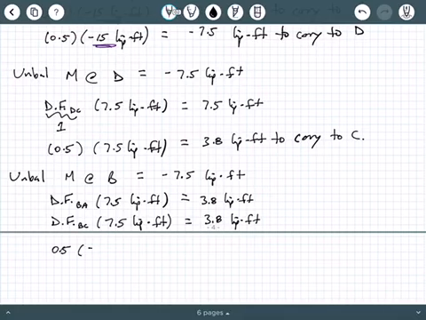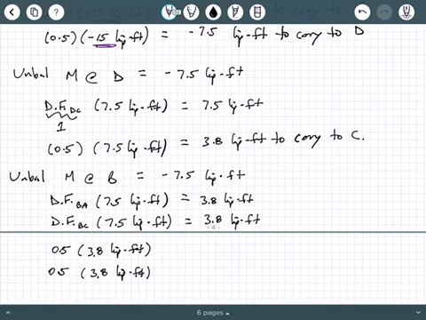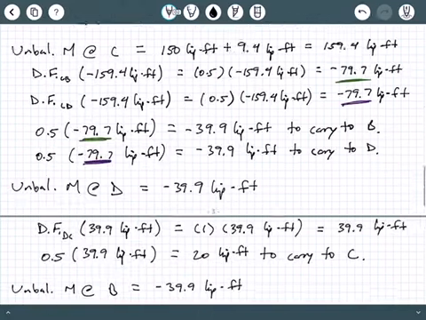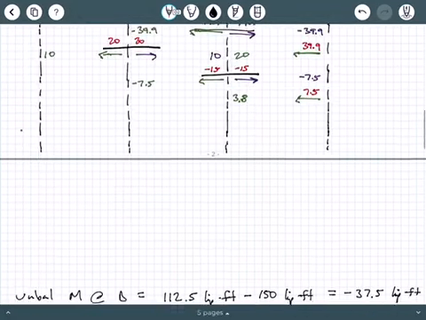And then we're going to carry over. We're going to say 0.5 times 3.8 kip feet, and then again, 0.5 times 3.8 kip feet. And just doing a little bit of rounding, I'm getting 1.9 kip feet, 1.9 kip feet.